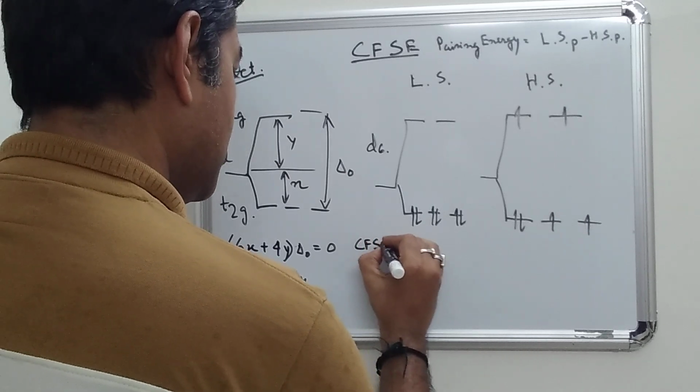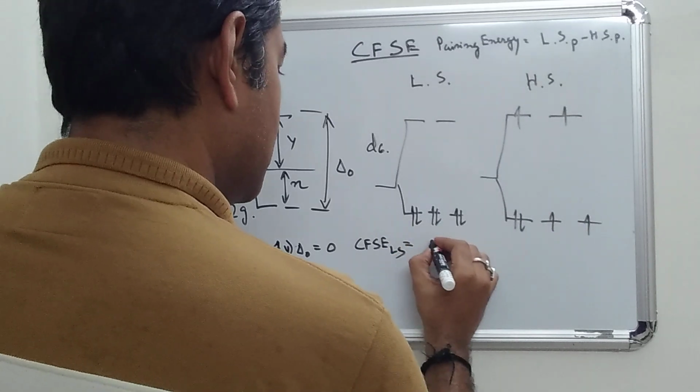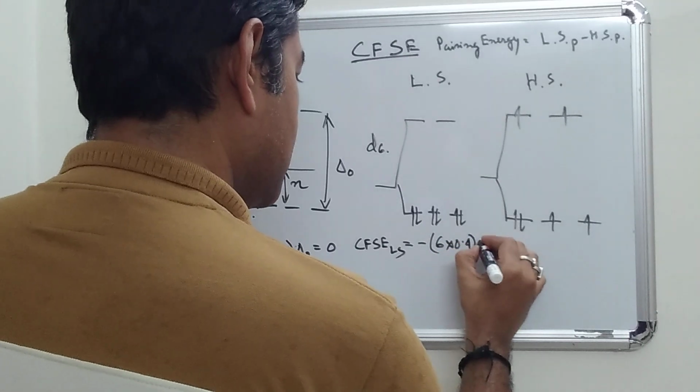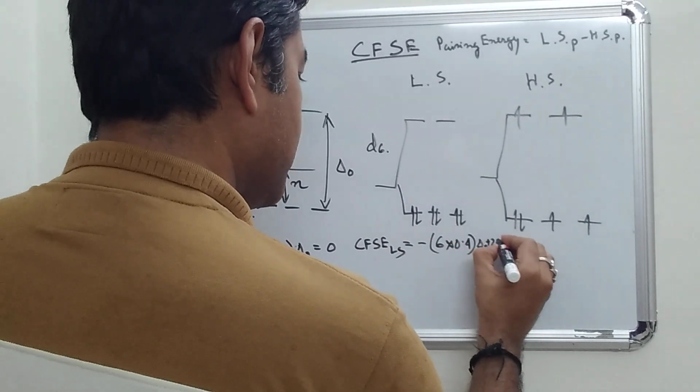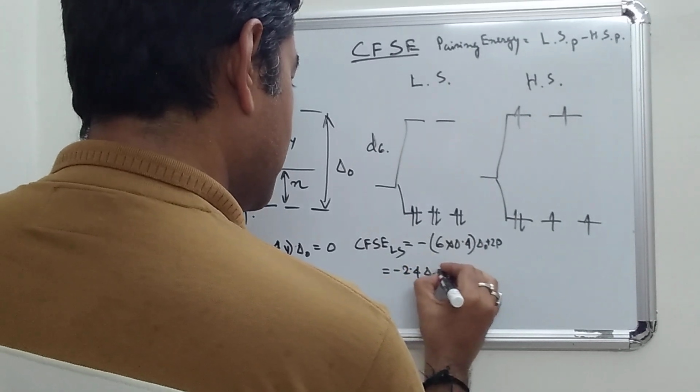So the CFSE for the low spin complex will be equal to 6 multiplied by 0.4, plus 2P, which will be equal to minus 2.4 delta 0 plus 2P.